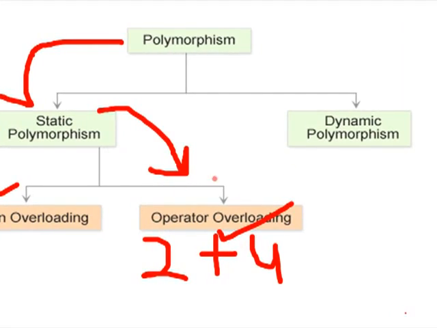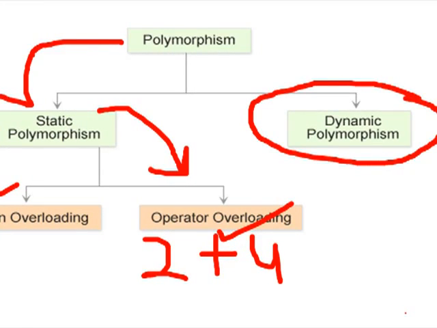Now the next thing, or the last thing, is the dynamic polymorphism. When I say dynamic polymorphism, it is when we do not know the things at the compile time.